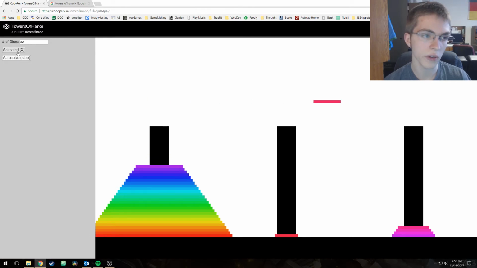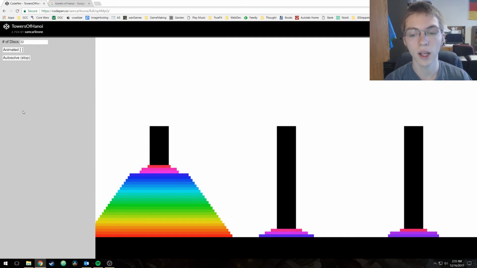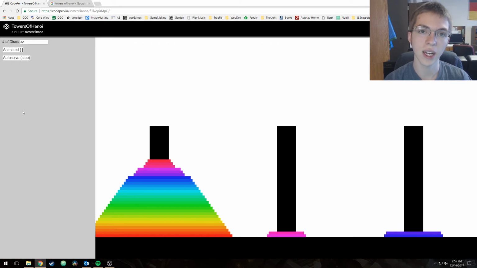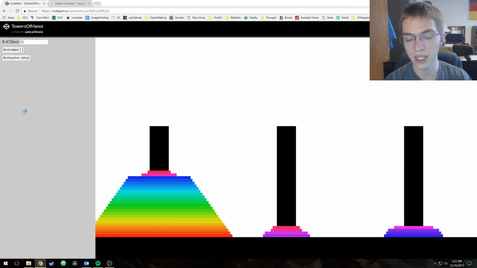We can actually turn off the animation where it'll then move 1 disk per frame. So now it's going at 60 moves per second. 4 billion divided by 60 is still a very long time. So yeah, we're not going to sit through this all the way to the end.